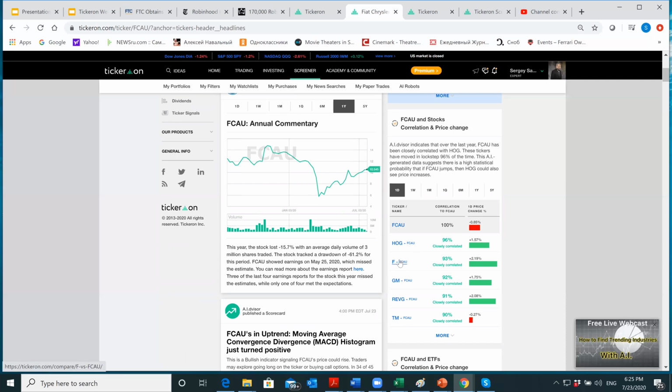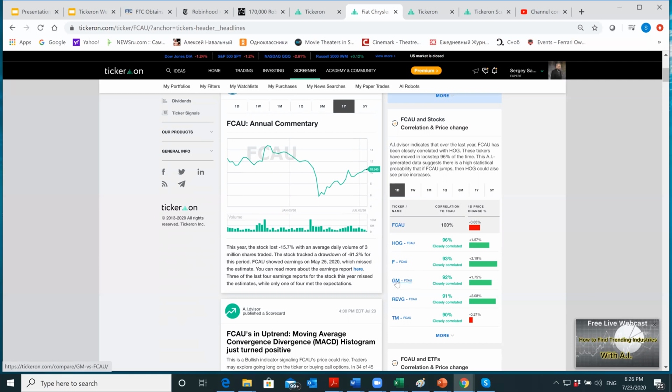Ford and Chrysler are also well correlated. And as you can see, the way people trade pairs is that, you see, this today lost almost 1%. Ford grew almost 2%. It's not a huge difference, but if they're highly correlated, then they're supposed to be kind of mimicking each other.